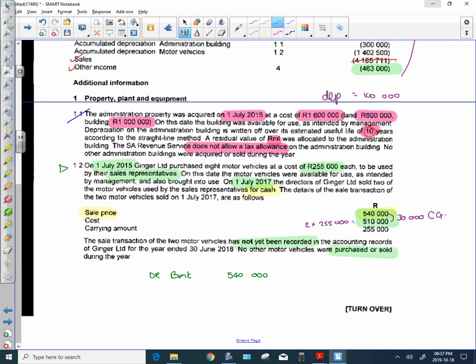Then I need to de-recognize my asset because I'm getting rid of that asset, but that asset obviously comes with some accumulated depreciation. So I need to get rid of both the cost and the accumulated depreciation of this vehicle. Firstly, there would be a credit to the cost, or let's call the account motor vehicles at cost. That is in my statement of financial position, and the cost of these vehicles also was given to you as 510.